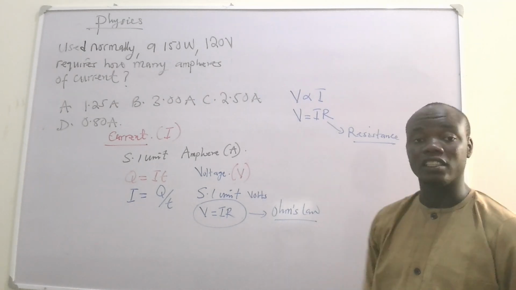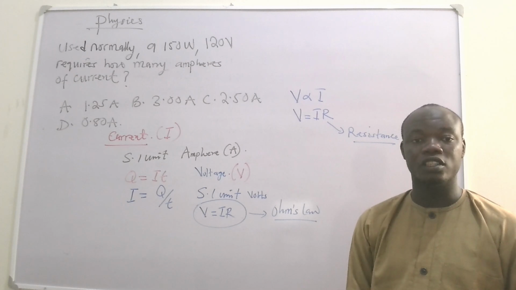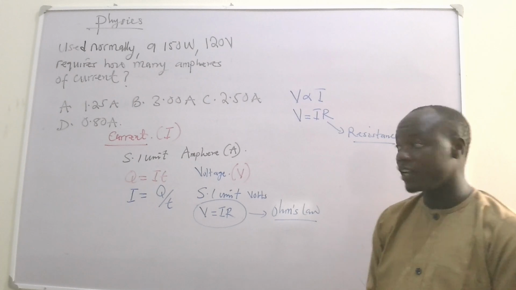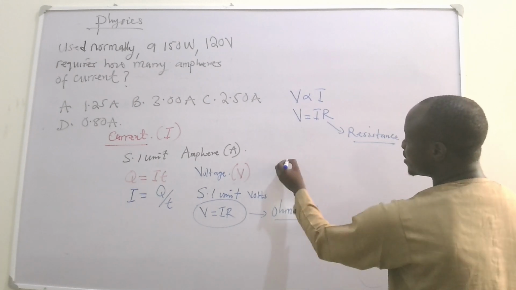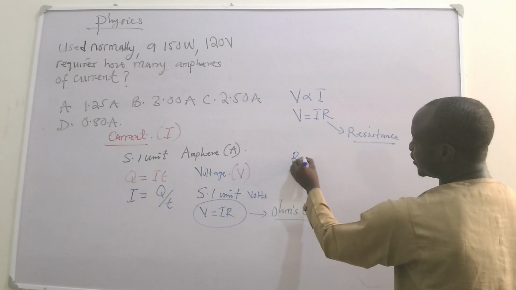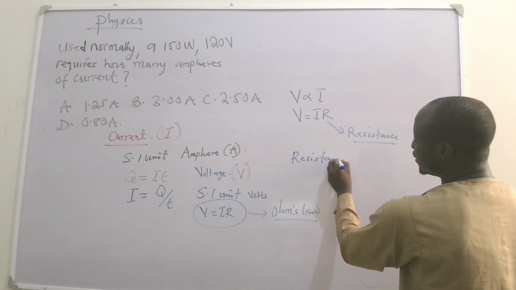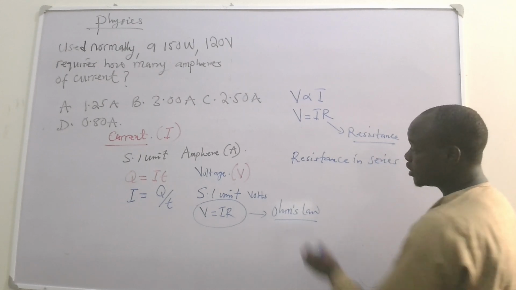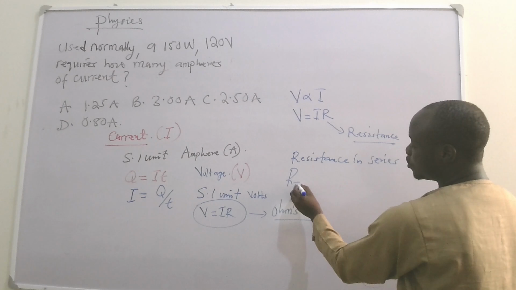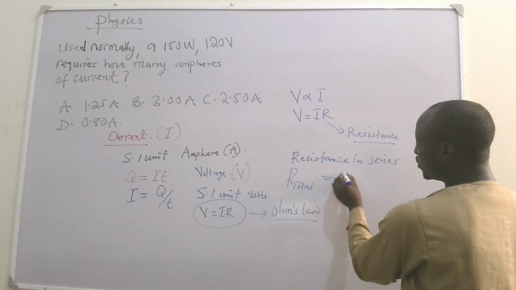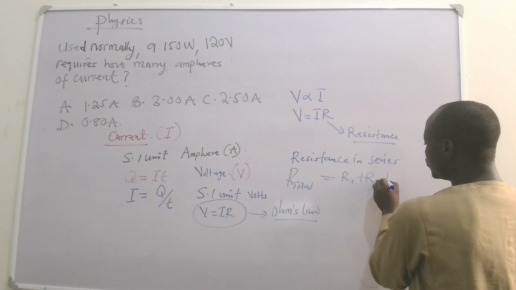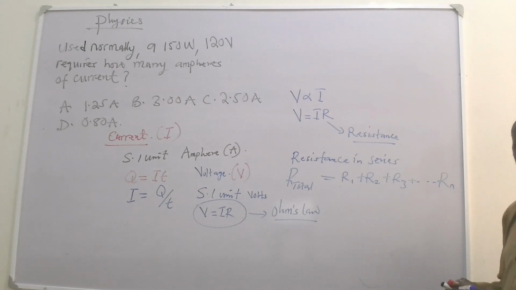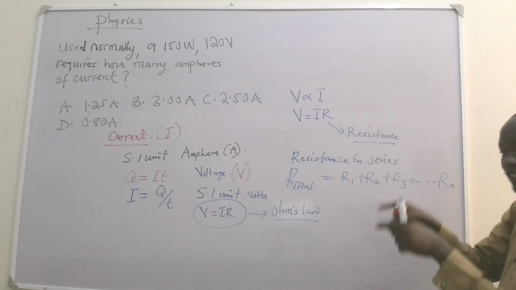This is resistance, and we can measure resistance in series and in parallel. Resistance in series is arranged as R total is equal to R1 plus R2 plus R3 up to Rn, depending on the number of resistances in the series.